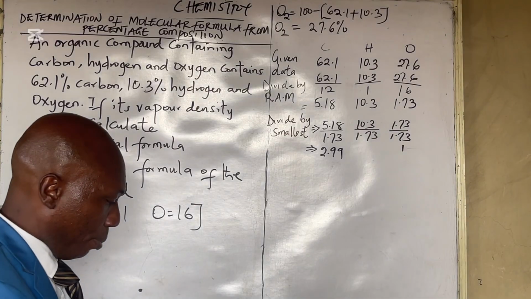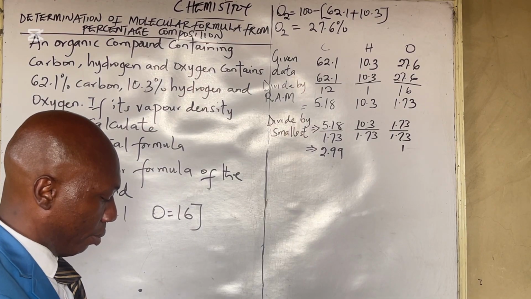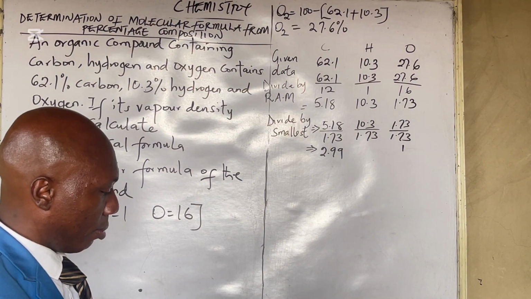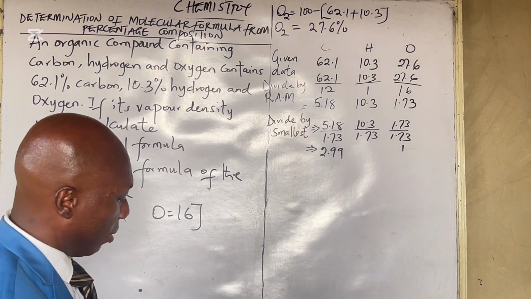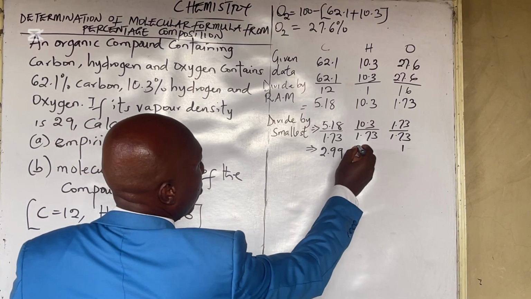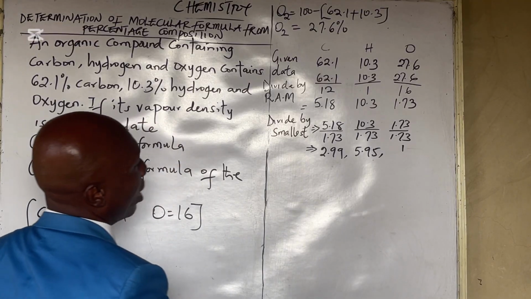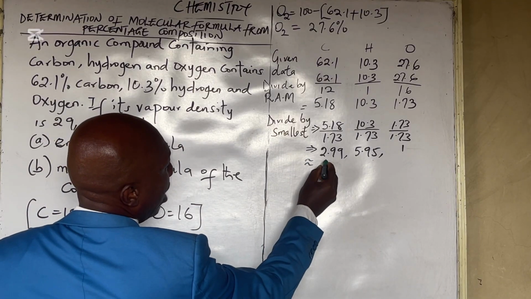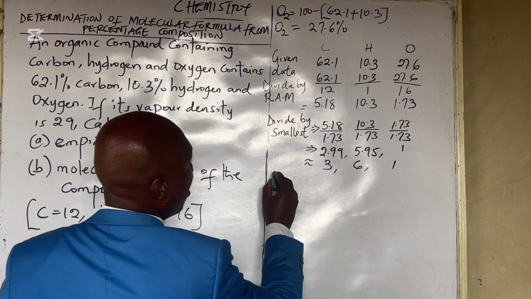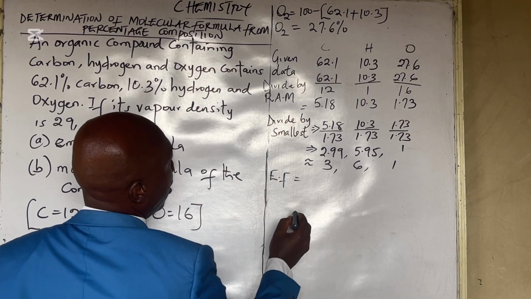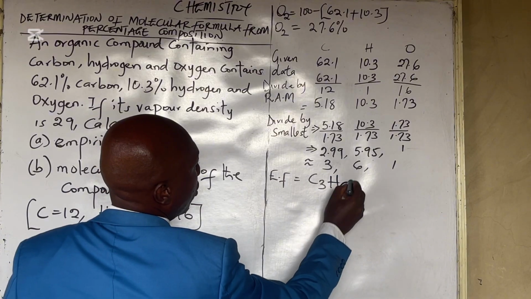The next one, 10.3 divided by 1.73, we have 5.95. So these are the data we have. We can approximate 2.99 as approximately 3, 5.95 as approximately 6, and we have 1. So the empirical formula of the compound is C3H6O1.